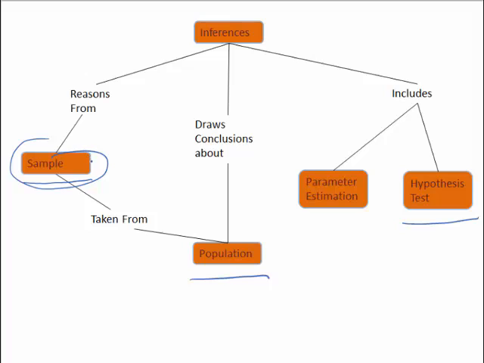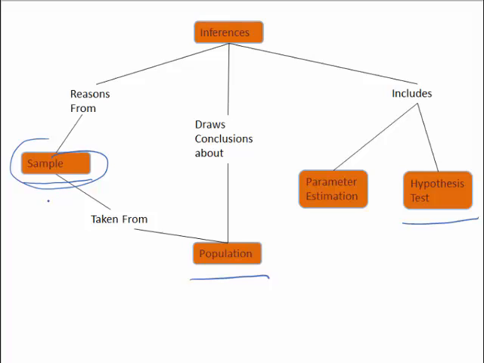For example, let's say our population is a batch of photovoltaic cells, or solar cells as they're called, and we select a sample, say 5 randomly selected solar cells, and we want to test what their maximum power output is. Using that sample, we can use statistical inference to determine the average power output for that batch.